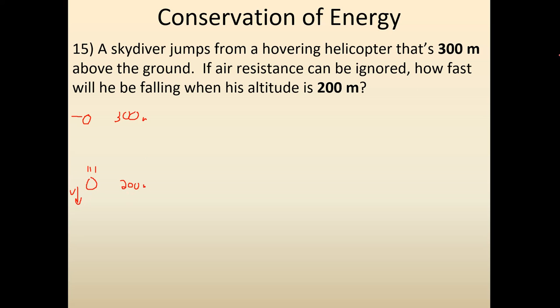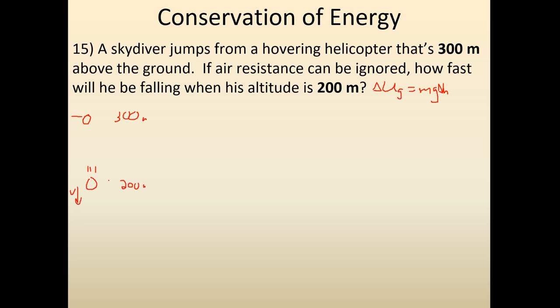Now, the nice thing is, if you recall, the equation for potential energy isn't just mgh, even though that's what I've been simplifying it as. It's change in potential equals mg delta h. So potential energy is very flexible.